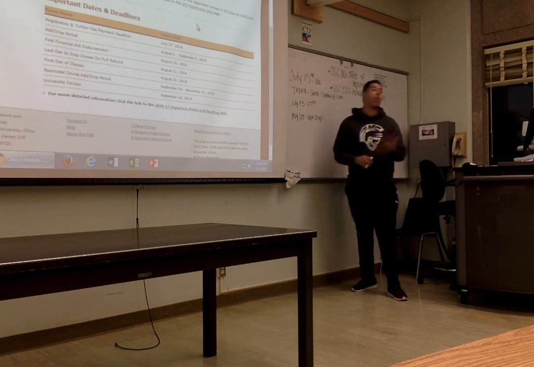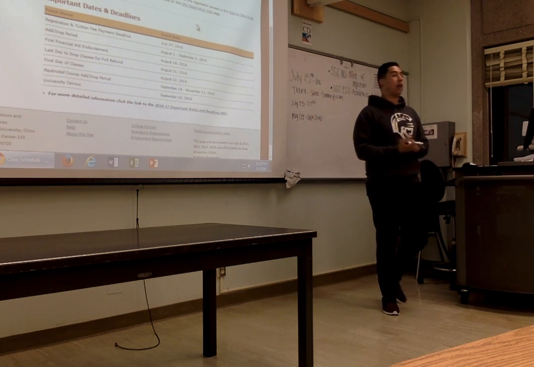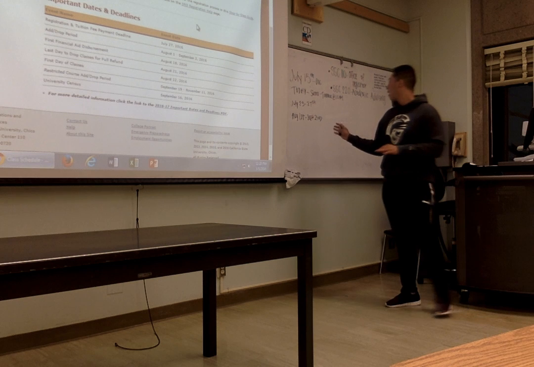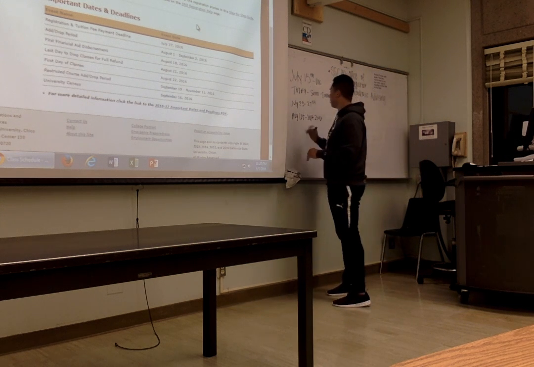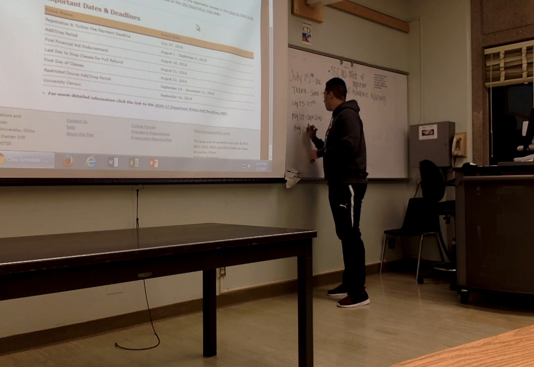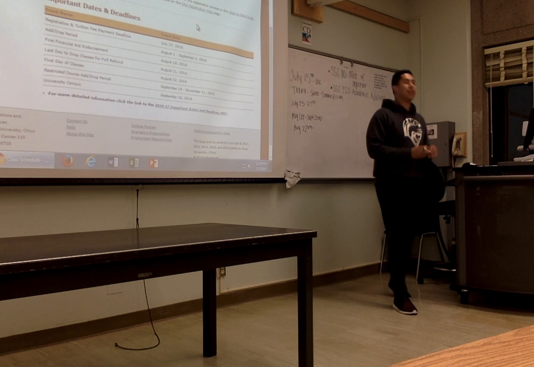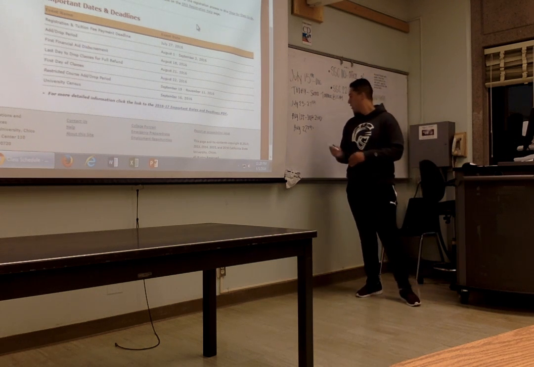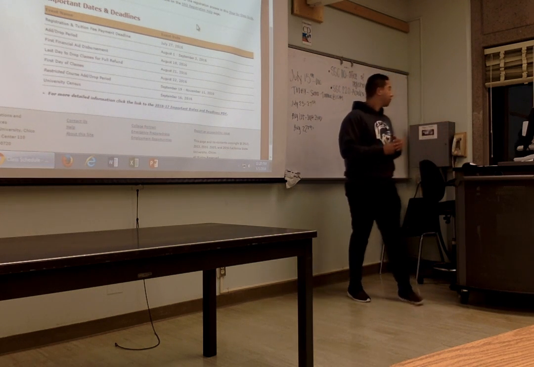This is going to be your third time to add and drop classes. And then the next important date is August 22nd. First day of school. Please be here. This is what you guys all have been working for. I want you to be here on your first day of school.